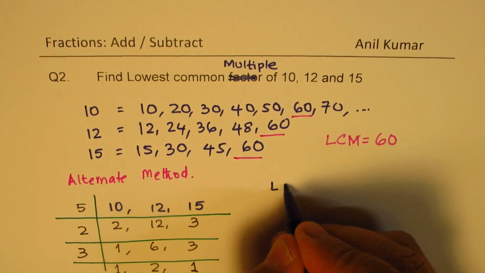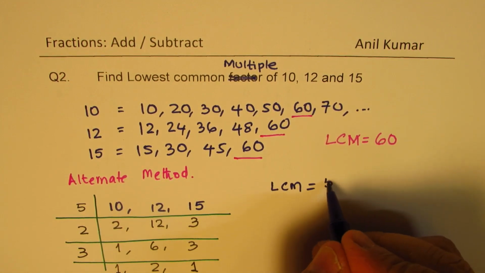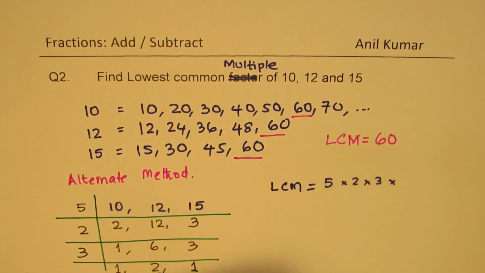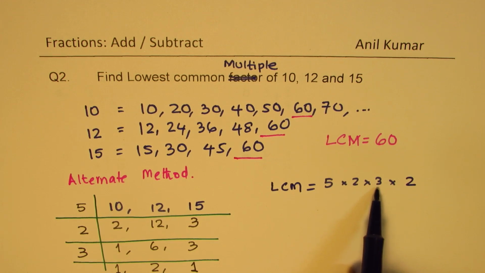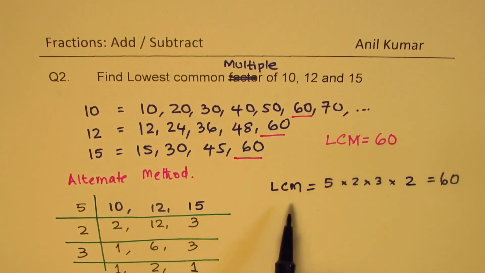Now the lowest common multiple is equal to the product of these numbers, which is 5 times 2 times 3 times 2, right? Multiplying by 1 gives you the same number. Now 5 times 2 is 10, times 3 is 30, times 2 is 60. Do you see how easily we have got the LCM? Correct?